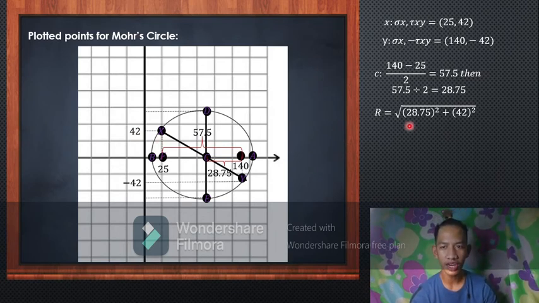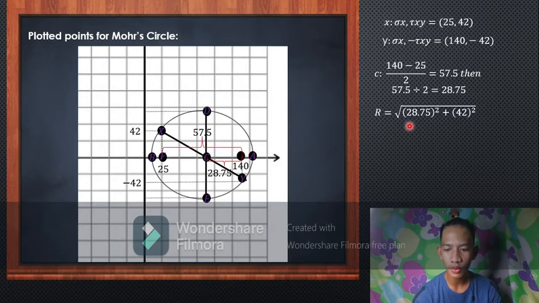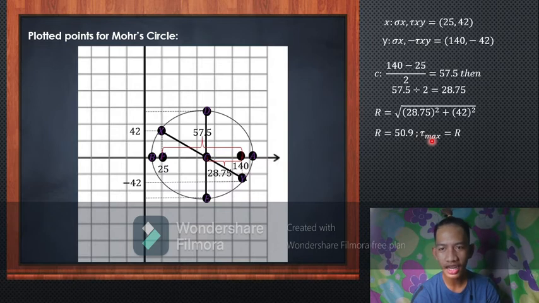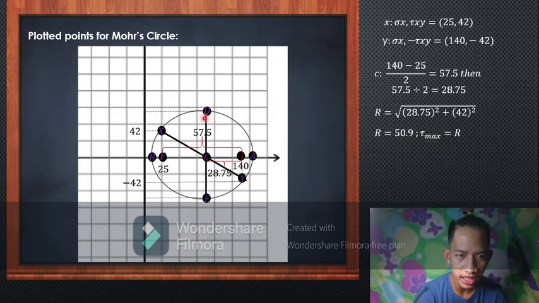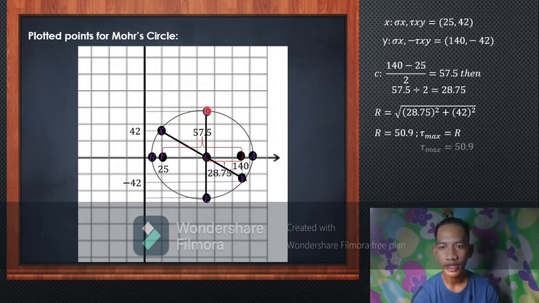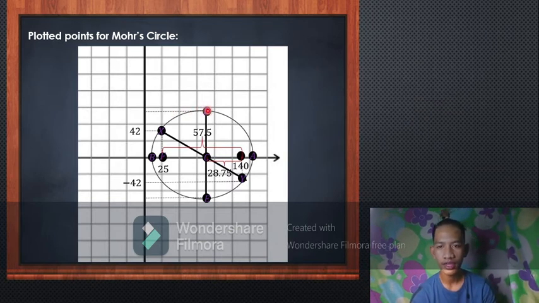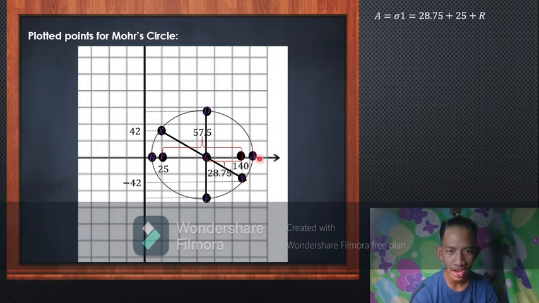By inputting it in our radius formula, we get a radius of 50.9, which is tau max, equal to the radius, this one, D. That is the 50.9. These broken lines here are for getting the values of our A and our B.